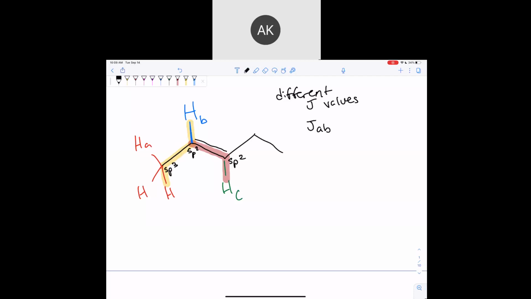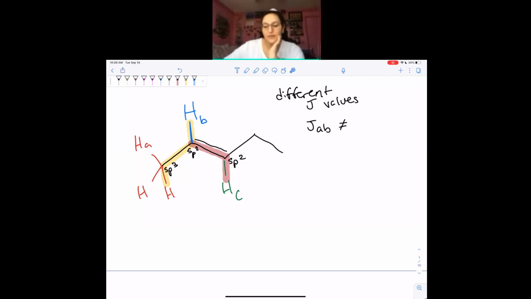Can you explain J value again? Yes, no worries. It's really complicated what a J value is. For the purposes of this class, all you have to know is when you have one signal, all of its neighbors are going to cut it into two peaks. This goes back to the tree diagram.